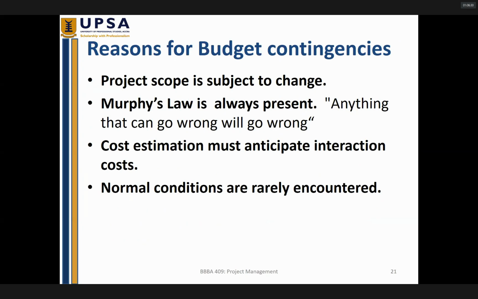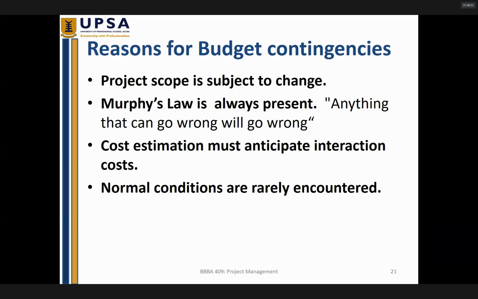Now, why do we need contingency budget? We need budget contingency because the project scope is subject to change. Like I told you, we were building a 2-bedroom house without a fence wall.